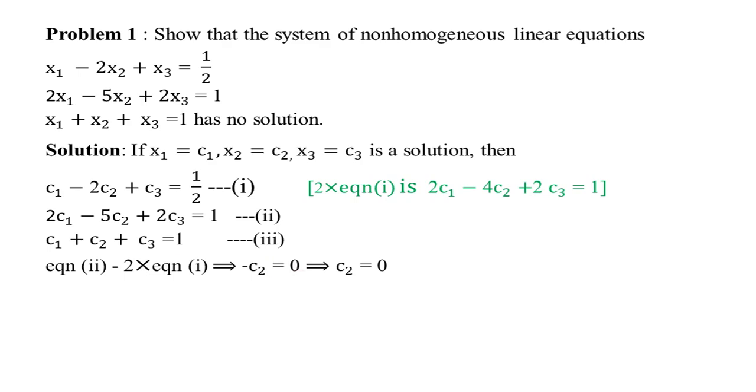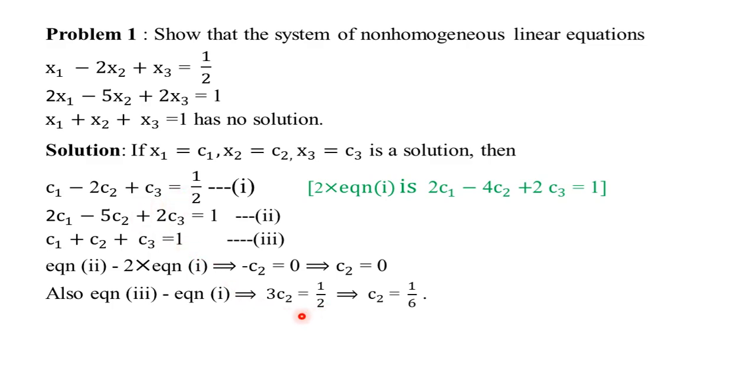Next, equation 3 minus equation 1 gives, here see equation 3 is here, we subtract equation 1, that is here. So c1 minus c1 cancels with each other. c2 minus of minus 2c2 is 3c2 and c3 minus c3 cancels, 1 minus half is half.